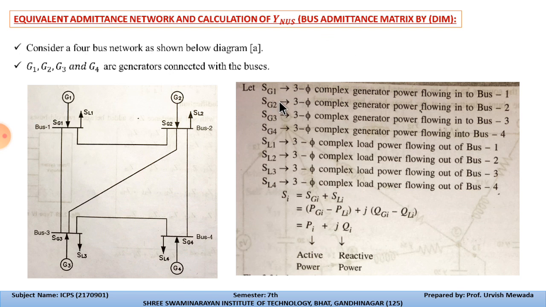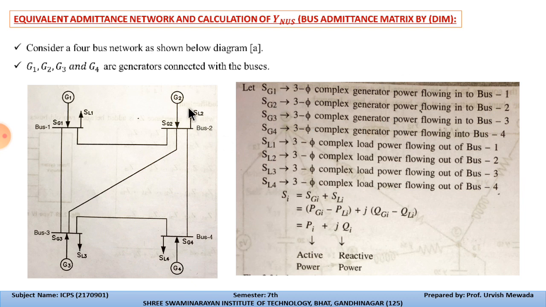Let SG1 be the three-phase complex generator power, meaning the apparent power of a particular bus, generating station 1, at bus 1. Similarly SG2 is the complex generator power flowing in bus number 2. These are the apparent powers of the respective buses.